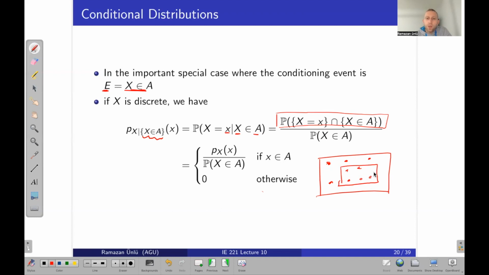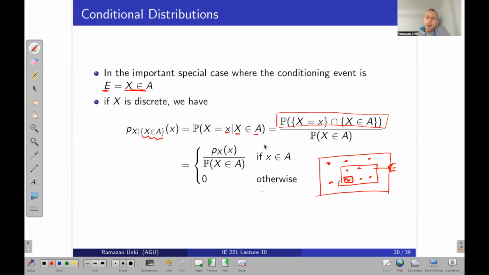We know that X will take values from this region, and we call this region event E. So what is the intersection of the conditioning event and the event that X equals x, which is simply the event X equals x? That's why I can rewrite this part as the probability of X.